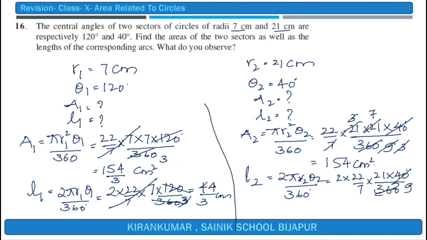This is 9 times, 7 3 times, 3 3 times. Again we get 44 upon 3 centimeter. What do you observe? L1 and L2 are equal, but A1 is not equal to A2. This is what we observe. Areas will be unequal and the length of the arcs will be equal.